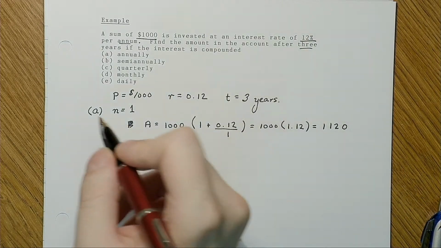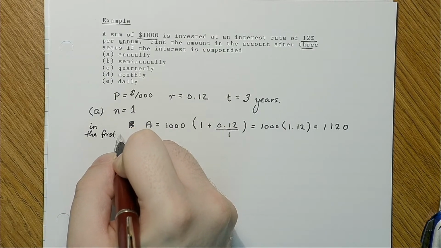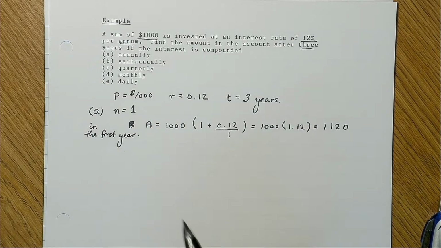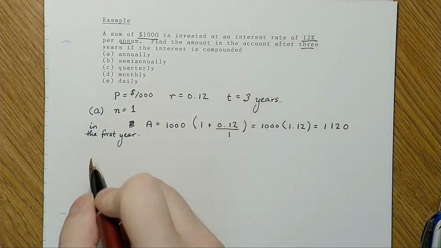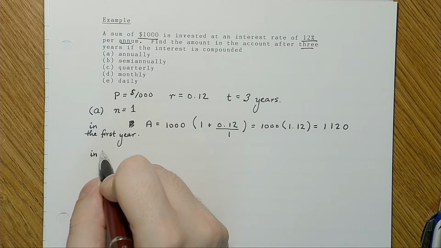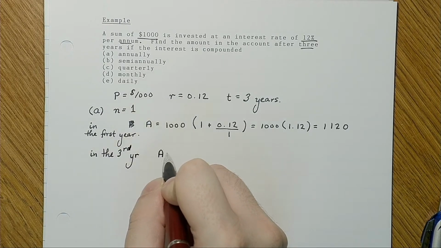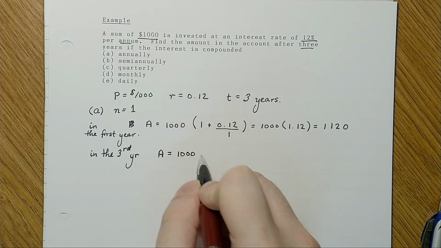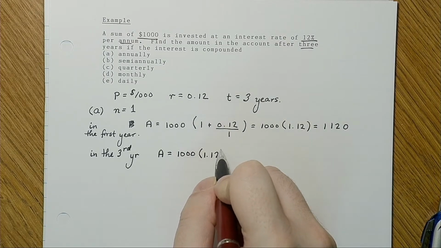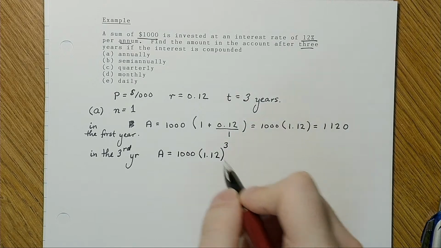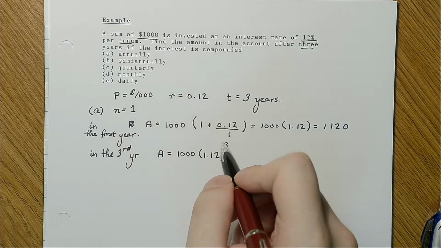Now that's in the first year. What they want is the third year. So in the third year, it's going to be 1,000 times 1.12 cubed, because it's n times t, which is 3 times 1, which is still 3.